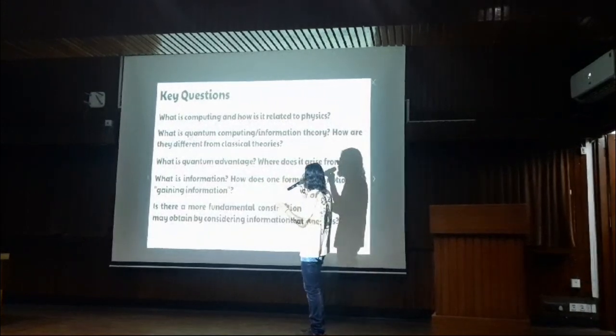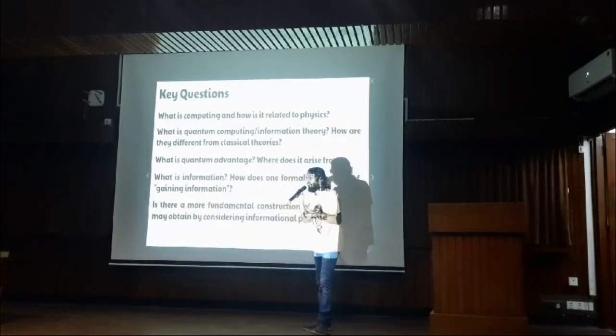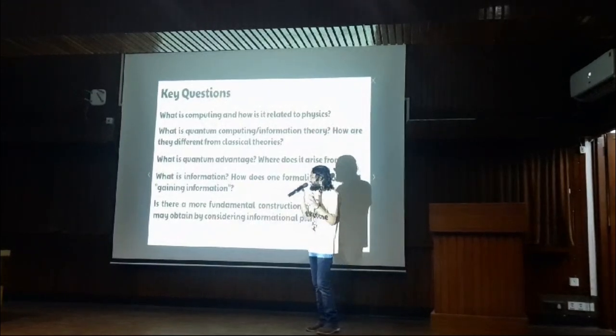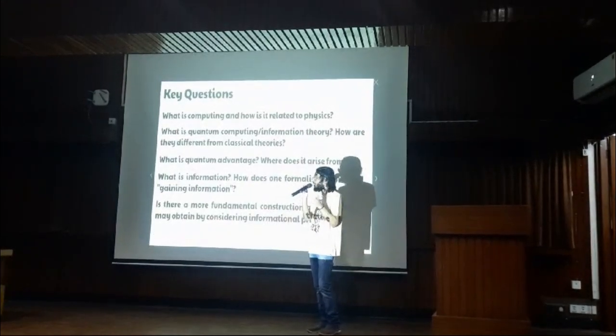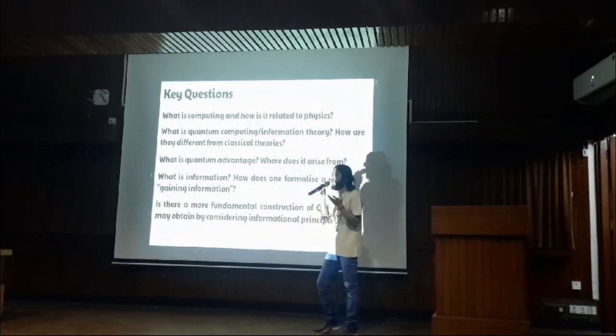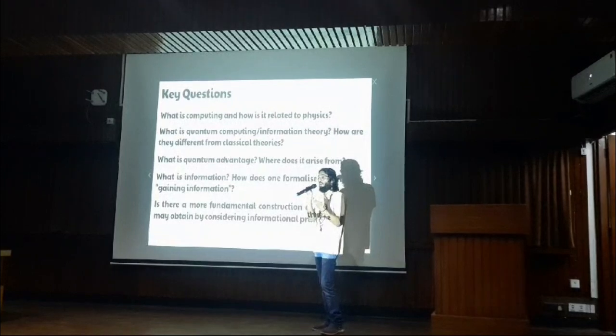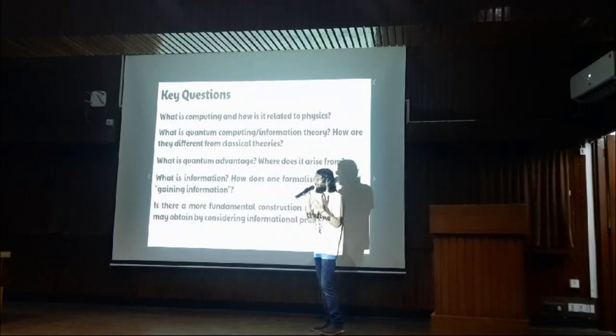Alright, so what is the quantum advantage? For the most part, we can show that you can generate any classical result using a quantum system, but it's not the other way around.